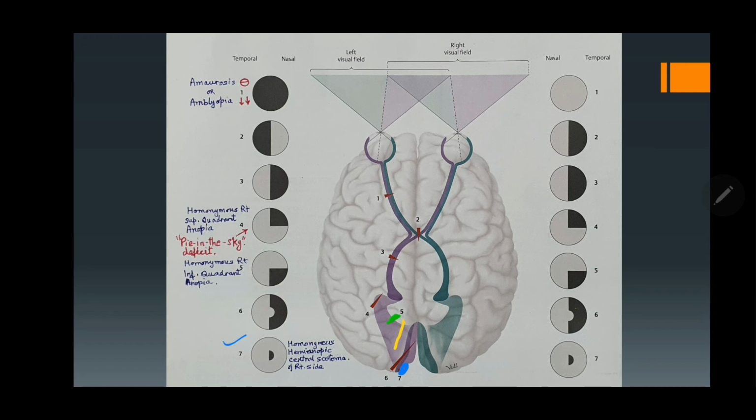So in case of any injury which is localized to this macular portion of the occipital pole, there will be a lesion of only the macular fibers. So this will be called homonymous hemianopic central scotoma of the right side, right? Central scotoma of the right side. So that was about the different lesions in the visual pathway.